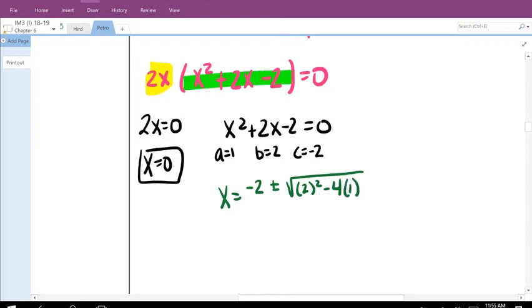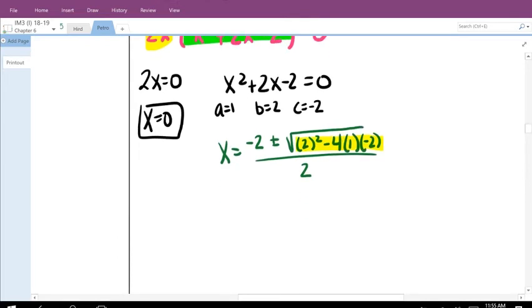A is 1 and C is -2. All over 2 times 1, just 2. All you have to do with your calculator is plug this piece in. And let me know what you get when you do that.